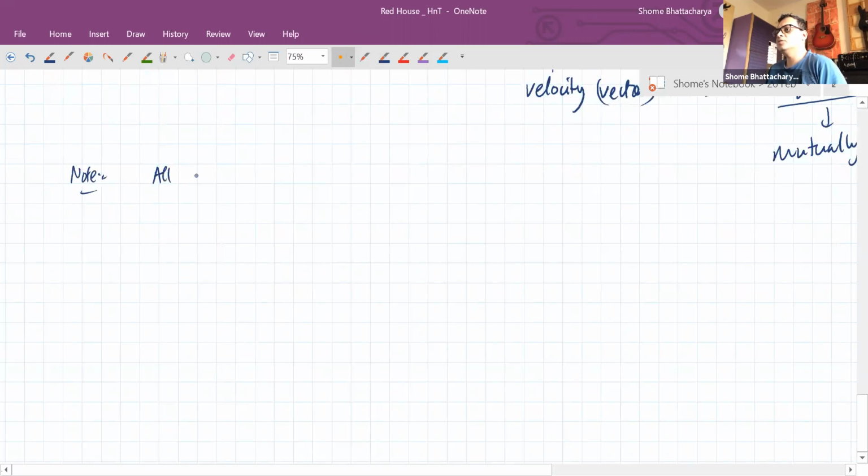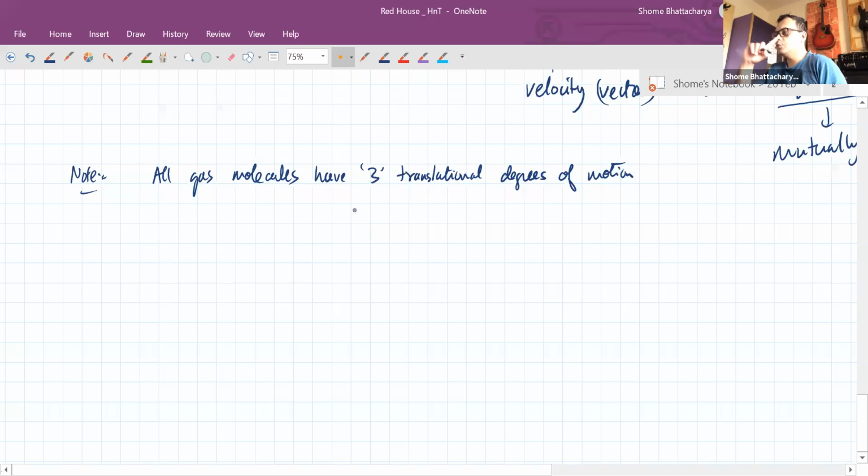So all gas molecules have 3 translational degrees of freedom, because in any situation, a gas molecule is translating in 3-dimensional space.